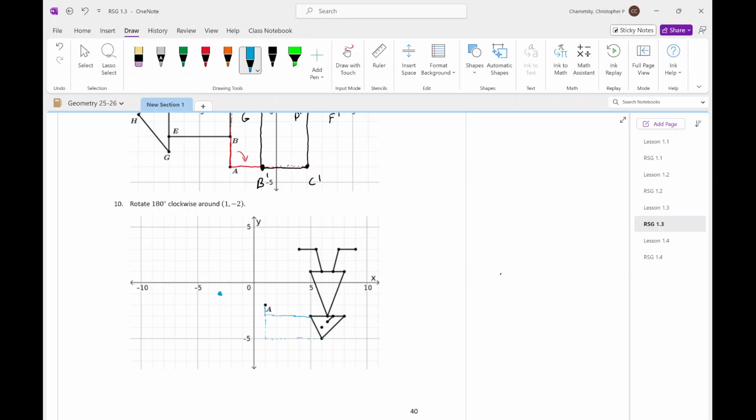So up 3, over 5. There's the peak of my triangle. And the eye right here is going to be right below that.